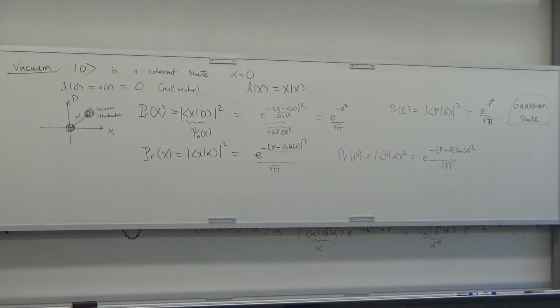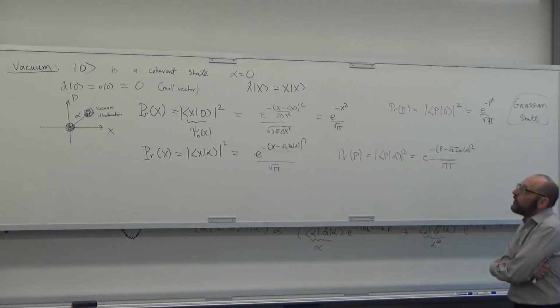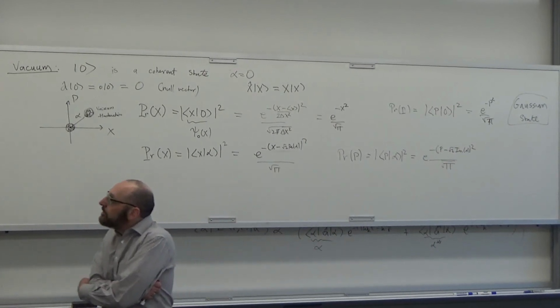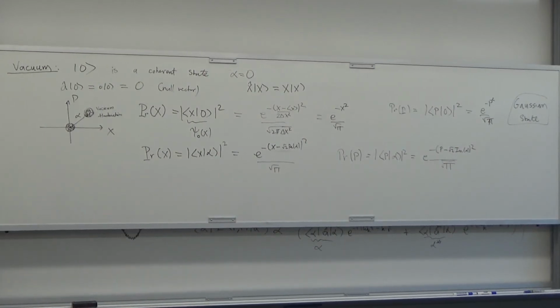Yes, sir? So when we write e to the minus x squared as the wave function of the ground state, that x is the quadrature x? That's correct. Does it have any connection with the real x's? So we have not yet talked about how I would measure that. That kind of measurement is known as a homodyne measurement, which we'll talk about next semester.